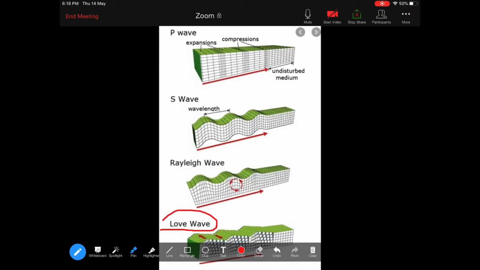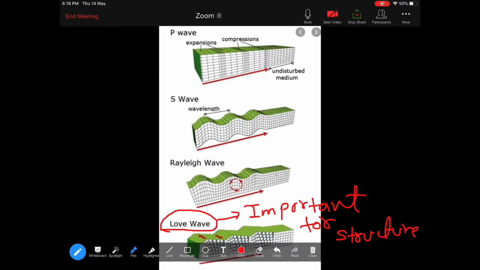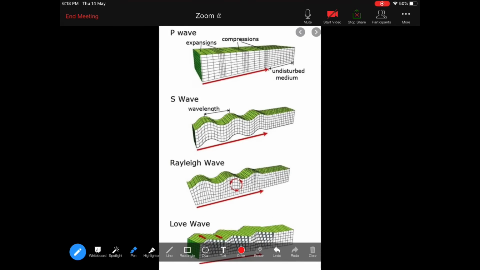Love waves are different, and this wave is more dangerous as compared to the other three. So if we understand the effect of earthquake, then we also understand about Love waves. It is very important for understanding the earthquake effect, right?